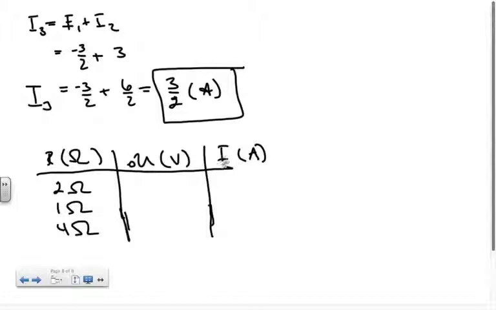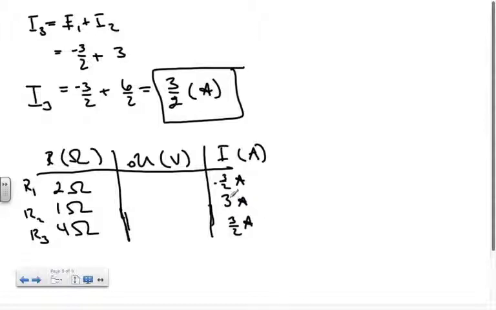So therefore, we found that I2, this is R1, of course, when we labeled it R1, R2, R3, which belongs to this one, was 3 amps. This was negative 3 over 2 amps. And this is positive 3 over 2 amps.